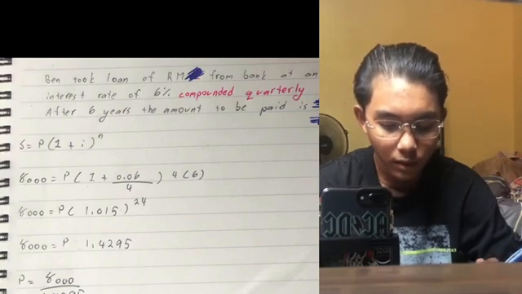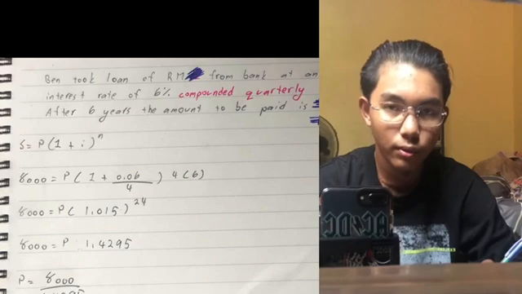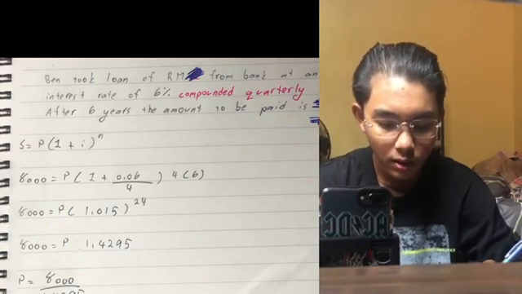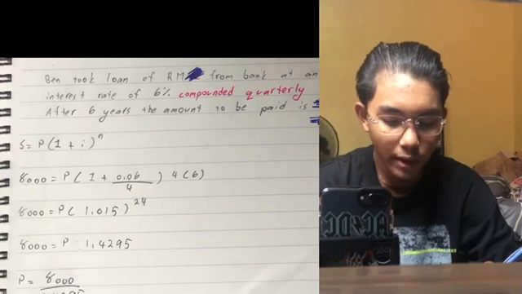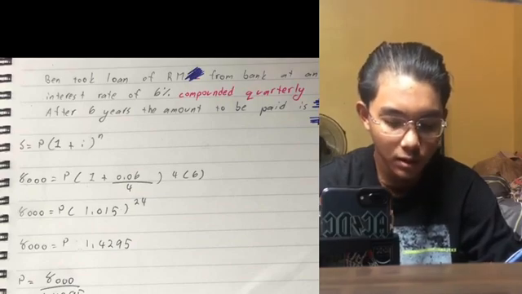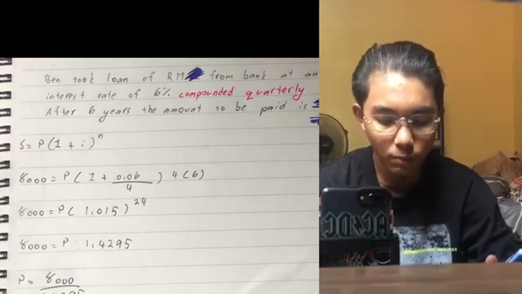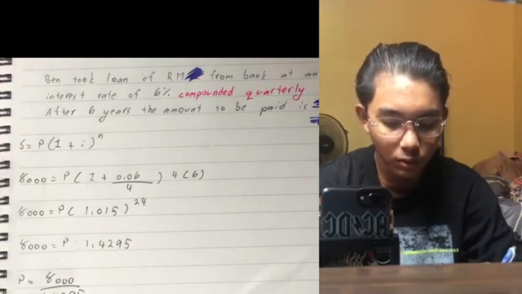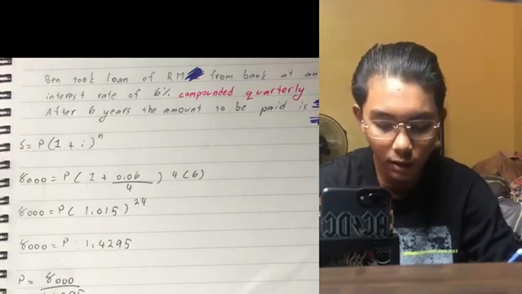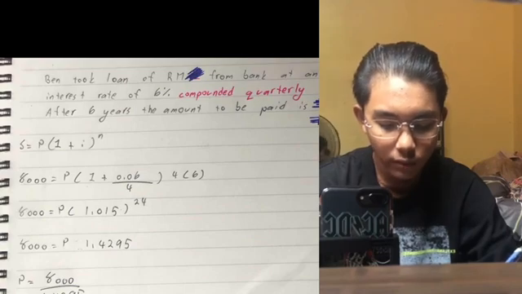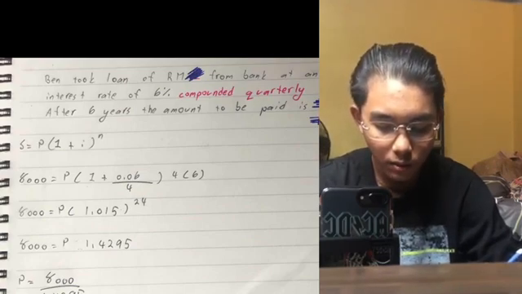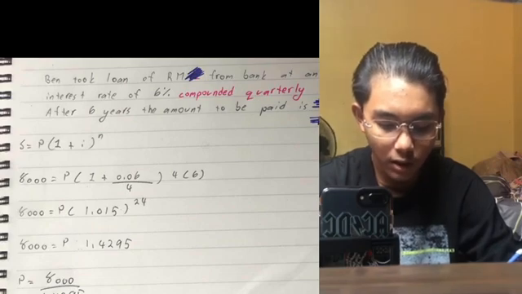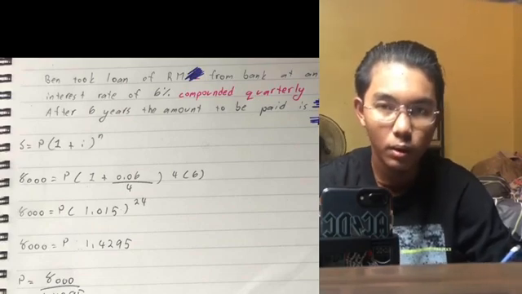P is unknown. i is 0.06 divided by 4. The power of n is 4 times 6. After that, we will calculate that, and it will become 8,000 equals to P, 1.015 in bracket and close with the power of 24.